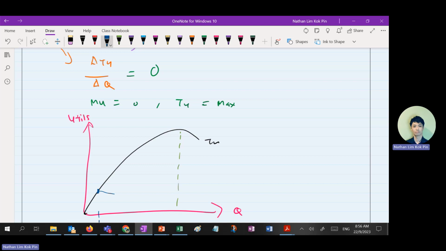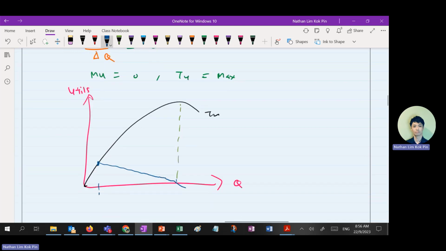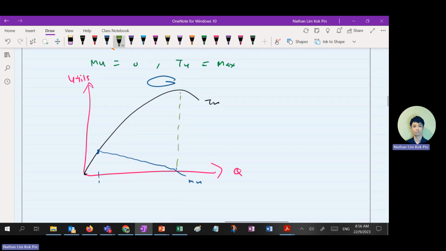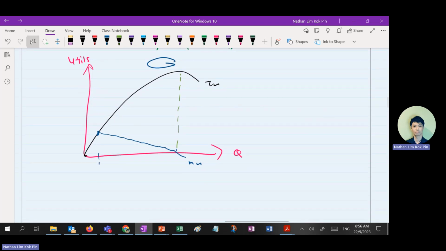MU goes straight down, touching the dotted line here, and must have the product name. This is how to draw the MU and TU together, and you can show the law of diminishing marginal utility by showing the MU going downward or the TU getting flatter and flatter. This is how you show it.